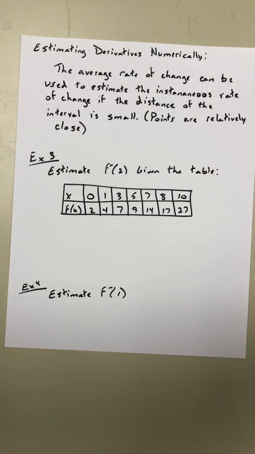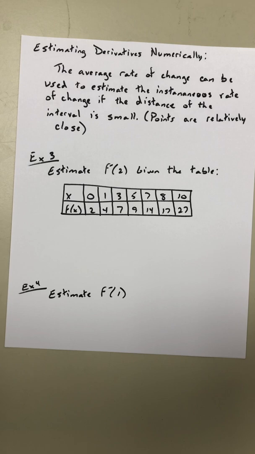In order to estimate the derivative numerically, which just means that we're given a chart with some numbers, we can estimate the instantaneous rate of change using the average rate of change. If you recall, when we talked about the definition of derivative, we took the secant line, or the average rate of change, that slope, and we made it get closer and closer to the tangent line.